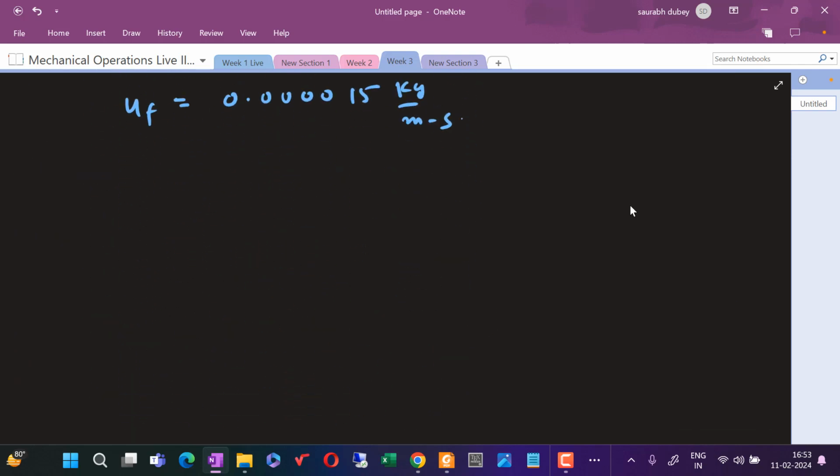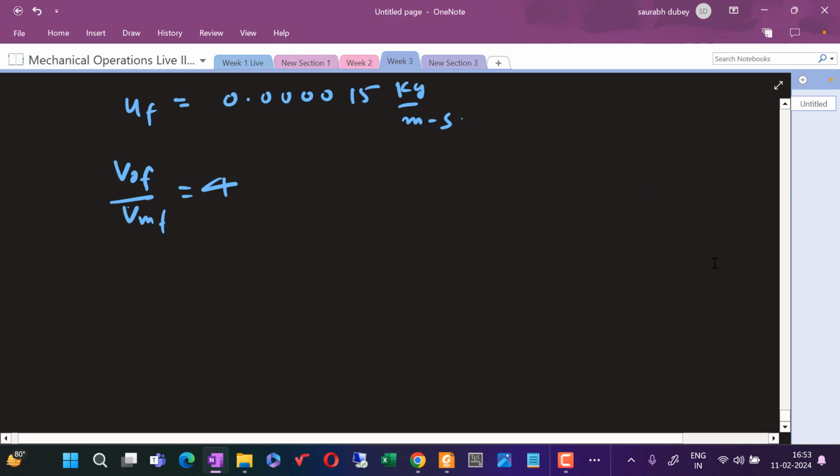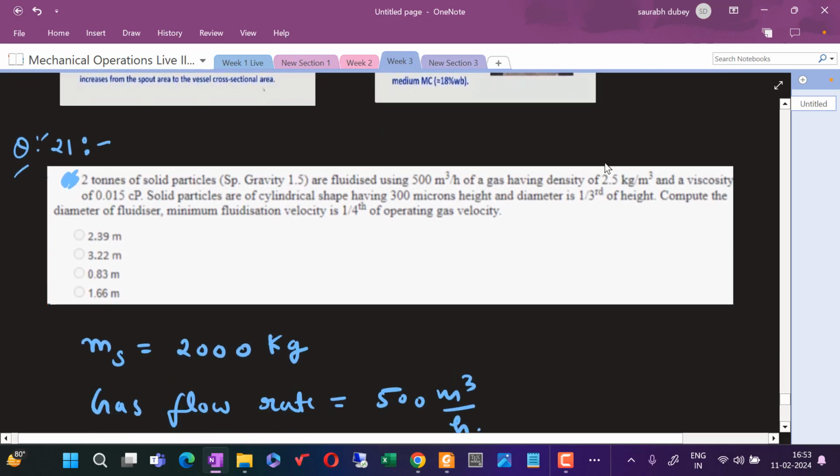Then you are given the ratio of operating velocity to the minimum fluidization velocity to be 4. Compute the diameter of the fluidizer.